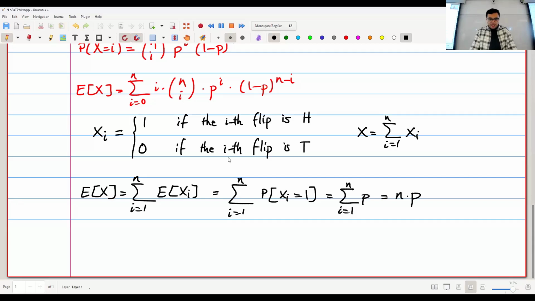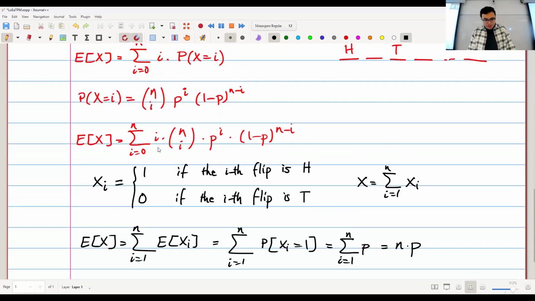Again, as you see, this is much simpler than this one, but this is also another way of proving combinatorial identities. I just proved that this sum is equal to n times p, because I calculated the same expected value in two different ways.